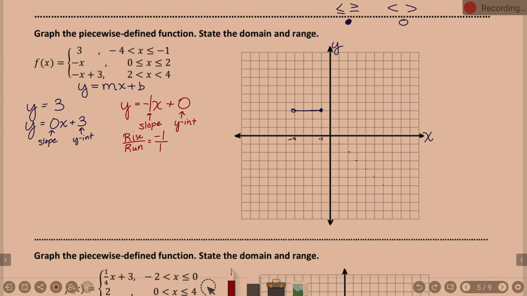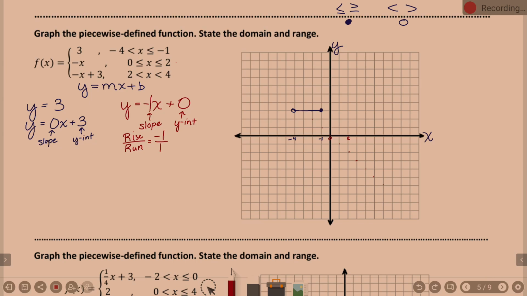What is my domain piece here? Now we're looking at all x's between 0 and 2. Okay, so we know where 0 is, right? Where's 2? 1, 2. I only need the piece of the line that goes from 0 to 2.